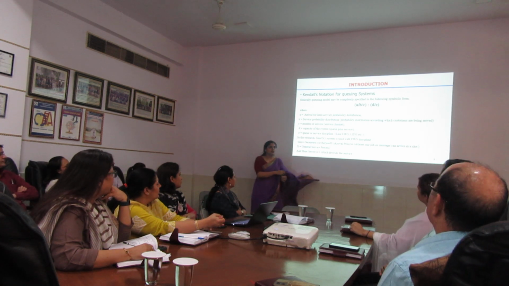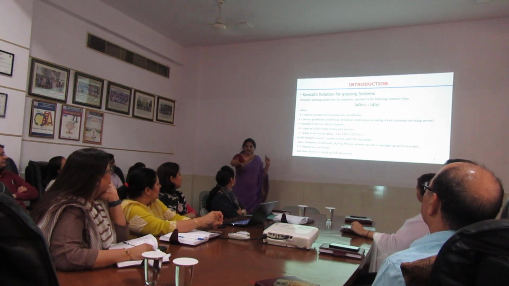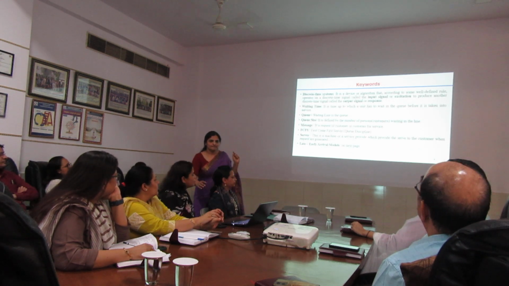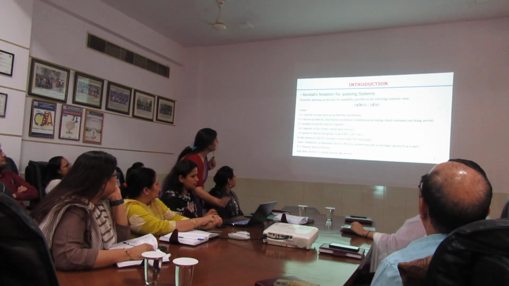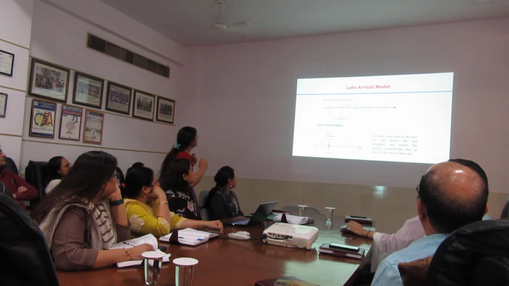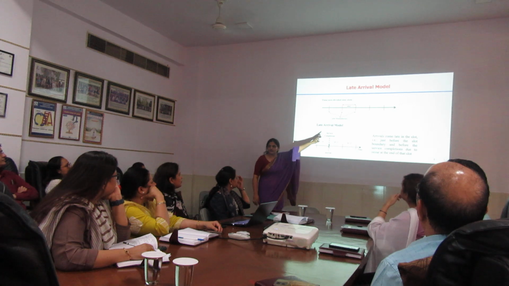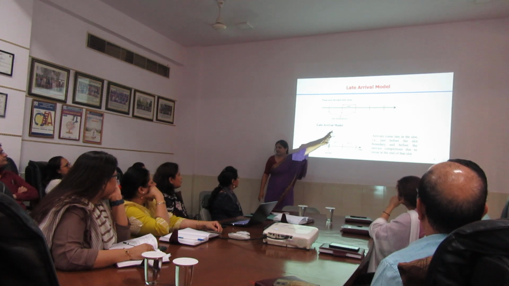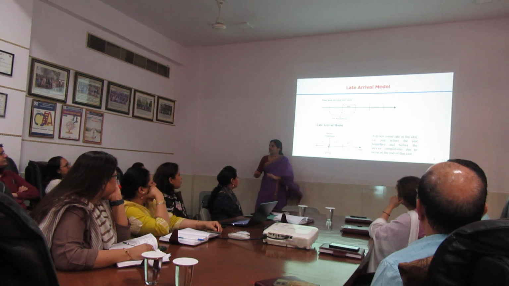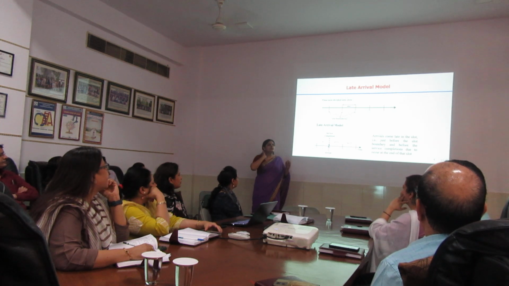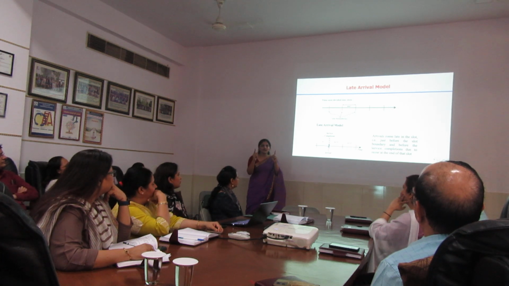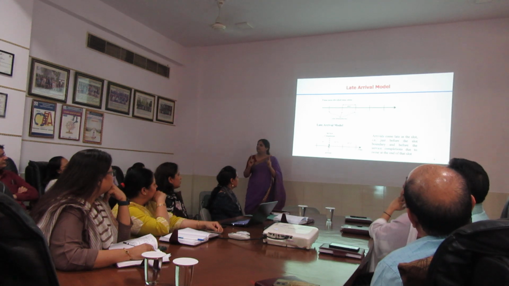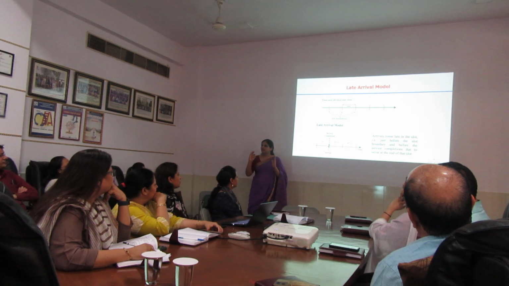Now what is a slot? Suppose in real life we take an example: if a customer arrives between 1 p.m. to 2 p.m., this is the slot of 1 p.m. to 2 p.m. So if a slot is present, then at least one customer will arrive. This is the geometric arrival.